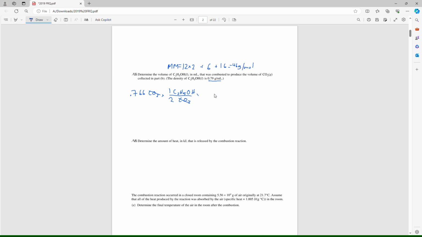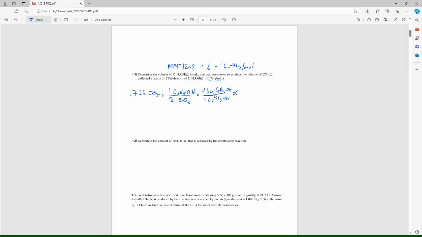And so we can continue this here. We have 46 grams of C2H5OH per every 1 mole C2H5OH. And one more step here.